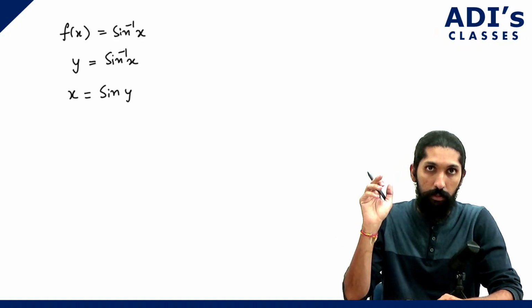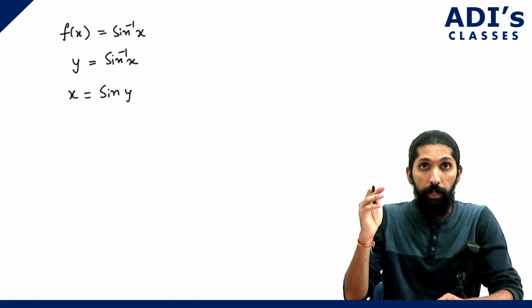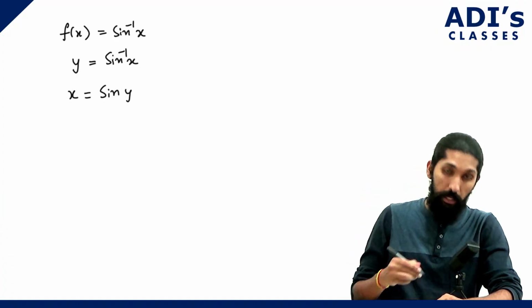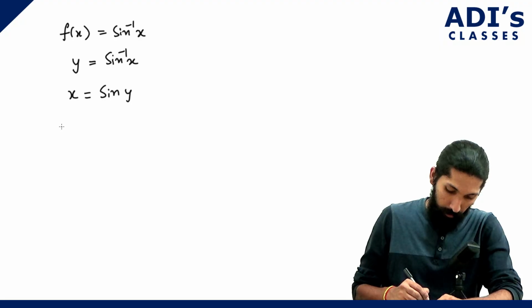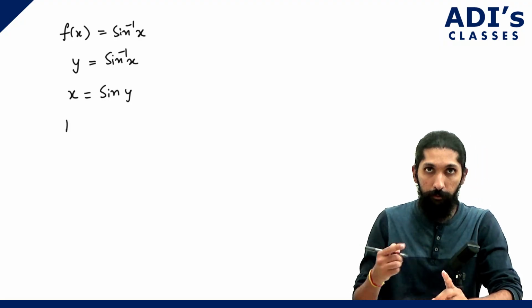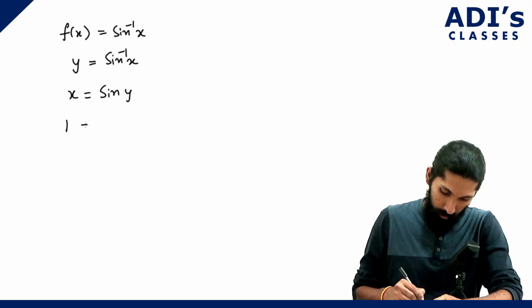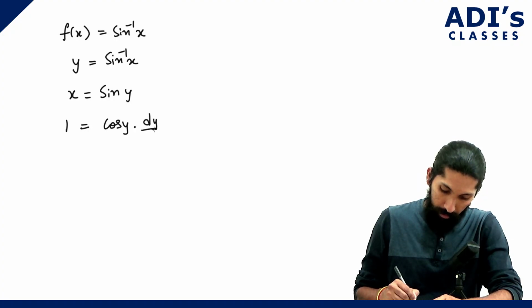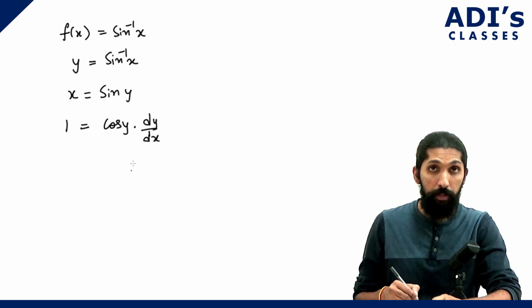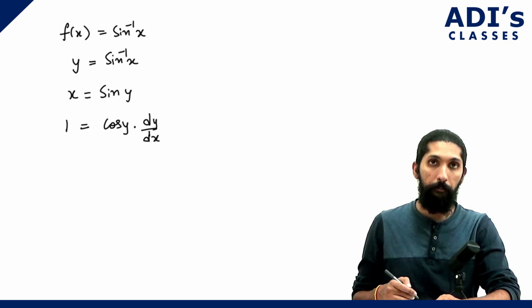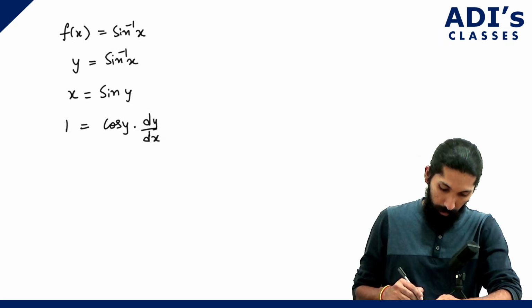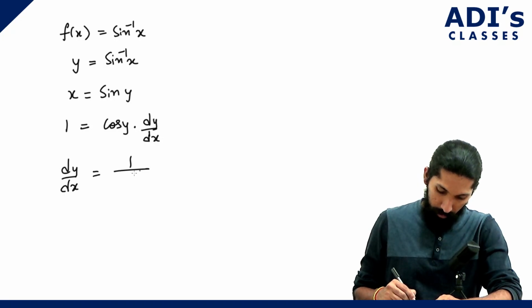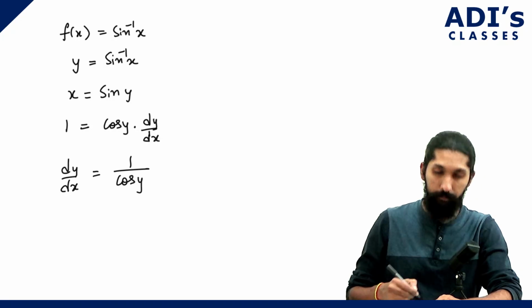Nothing more, nothing else. Differentiate with respect to x. That means the LHS is going to become 1, the derivative of x is 1, is equal to cos y into dy by dx. Remember how we did implicit functions? Pretty much the same. Now what do you get? dy by dx is equal to 1 divided by cos y.